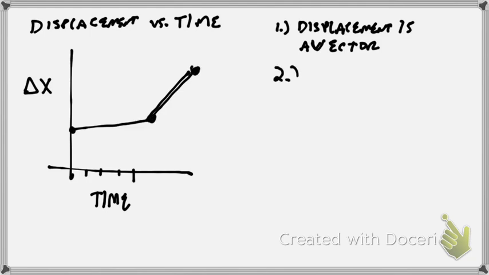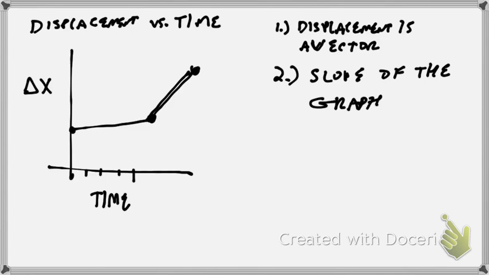The second thing that you need to know is that the slope of the graph, the slope at any point.